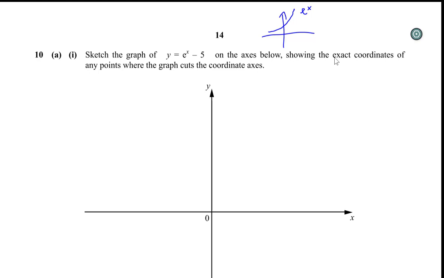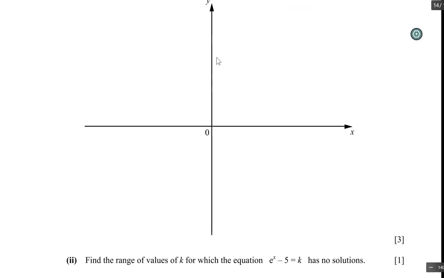When y equals e^x, your graph will never touch y equals 0, the x-axis. With minus 5, your graph cannot touch negative 5. So let's say this is negative 5. I just draw a dotted line for it. So my graph will never touch this line. So you kind of have something like this.